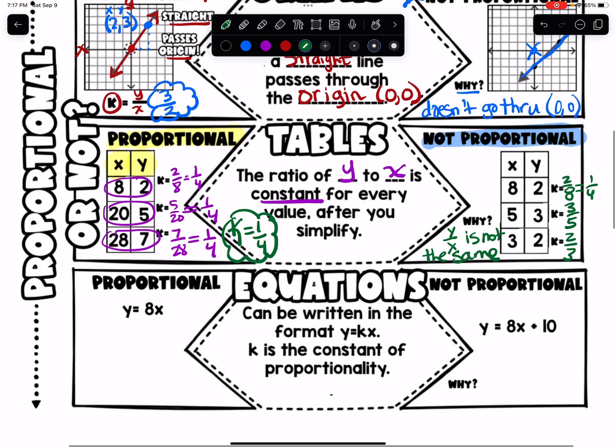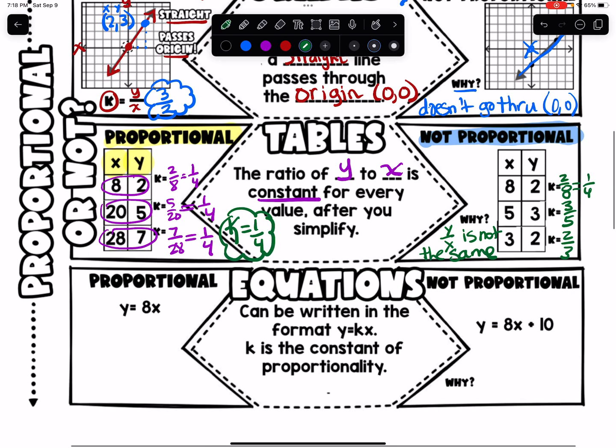And then lastly, if they give you an equation, the equation needs to be in this form of y equals kx, where k is the constant of proportionality. So this one actually seems like it's going to be hard because it's an equation, which we're not too familiar with yet, but all you really have to know is we want y by itself, a number being multiplied by x.